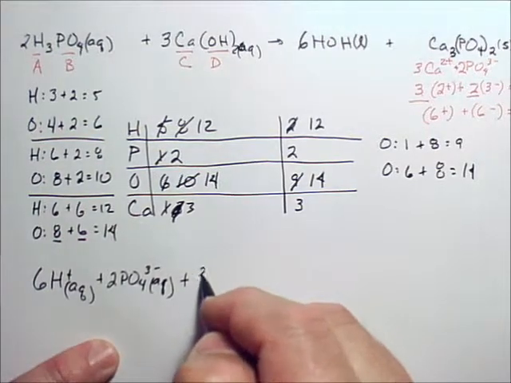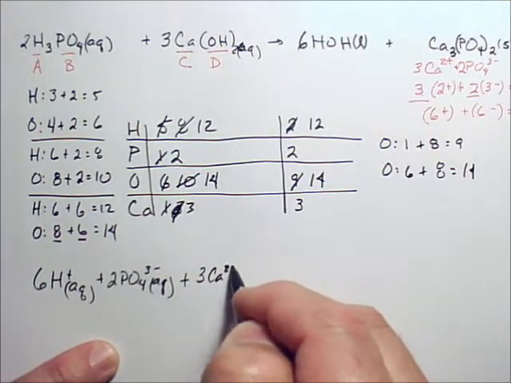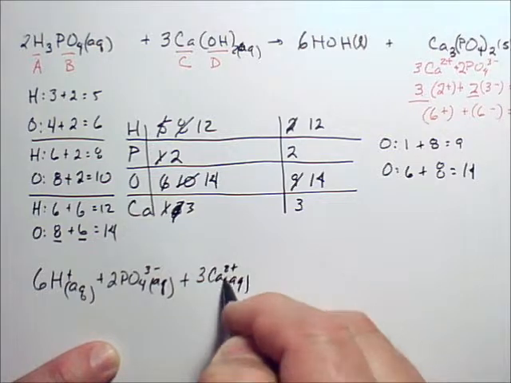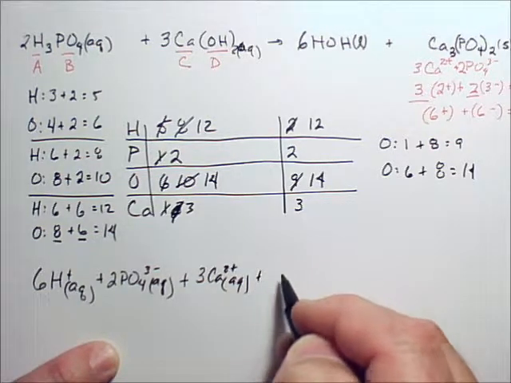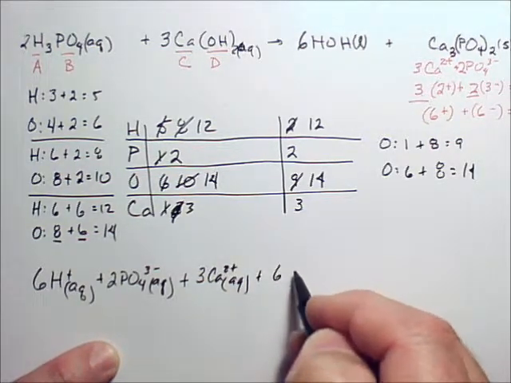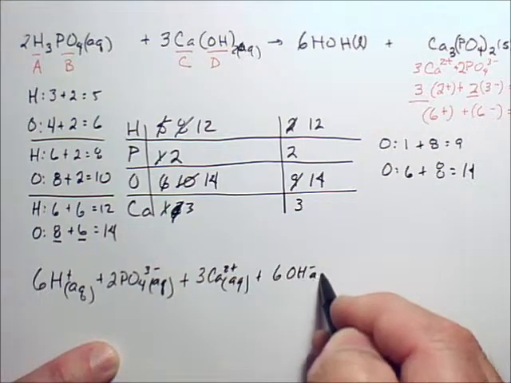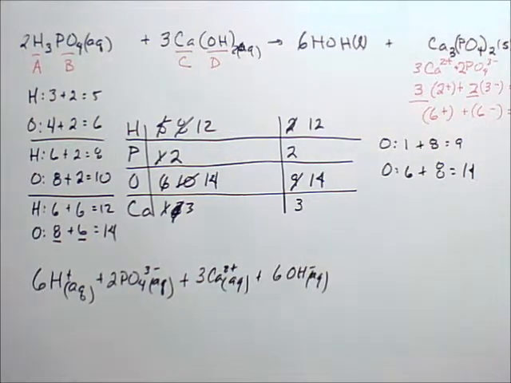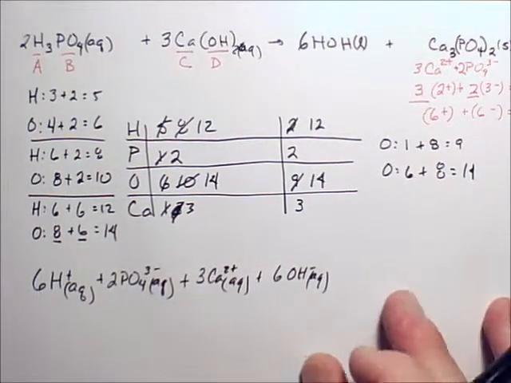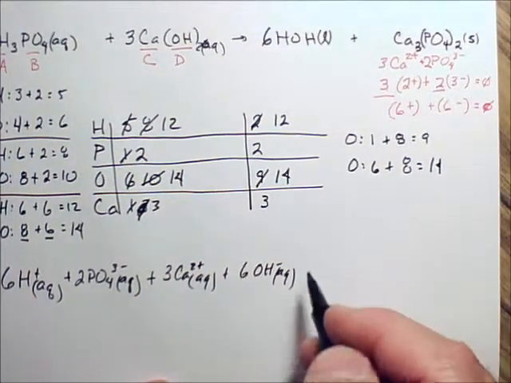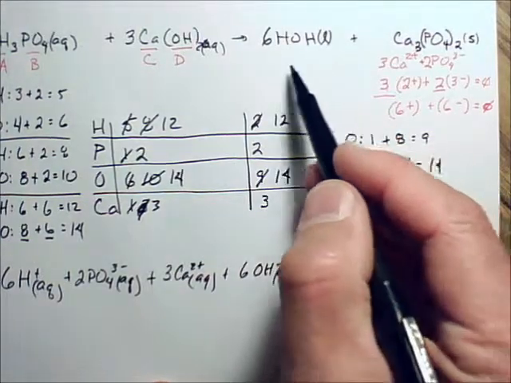So, 3 calciums and 6 hydroxides. Okay. Were you successful? Good. Now, let's look on the other side of the equation, because this is what we're talking about here.